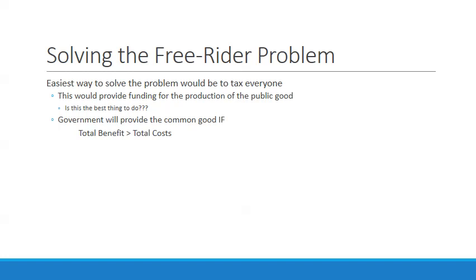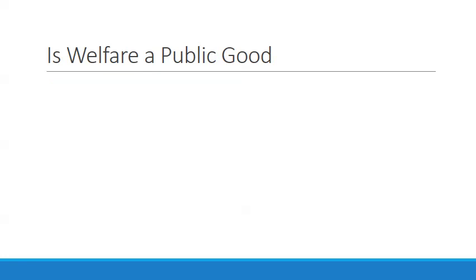If the benefit is not as much as the cost, then there's no sense in doing it, because otherwise you're going to lose money. So total benefit greater than total cost means the government will provide the good, which still allows the free rider to use it.